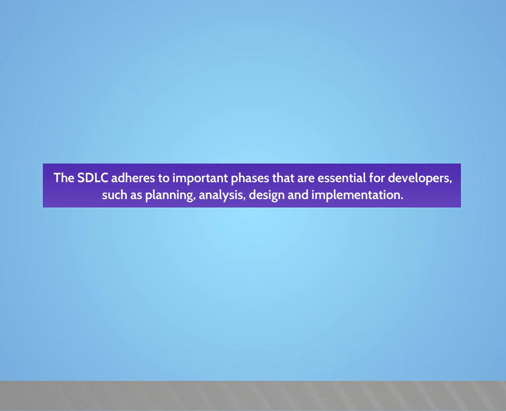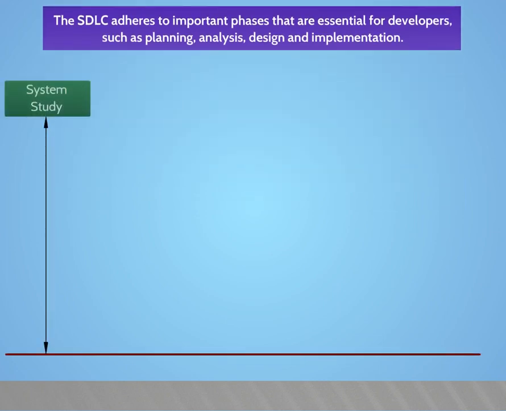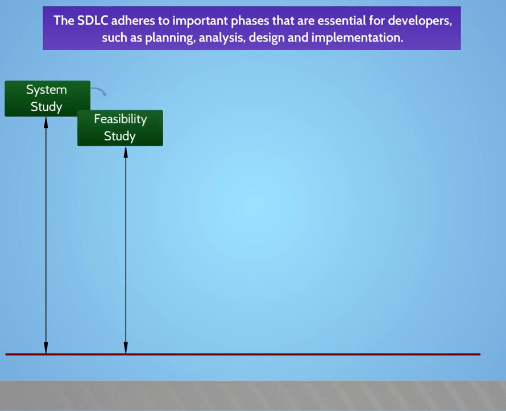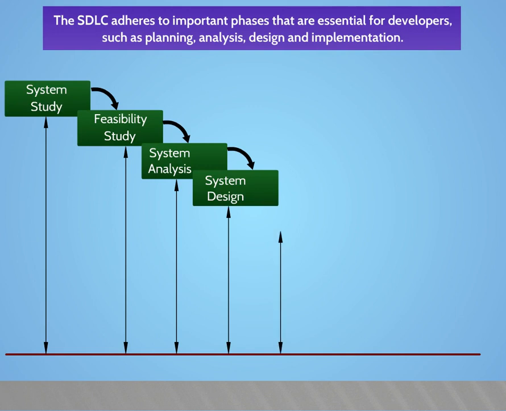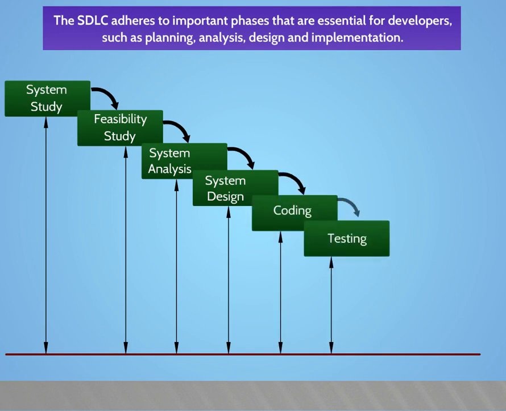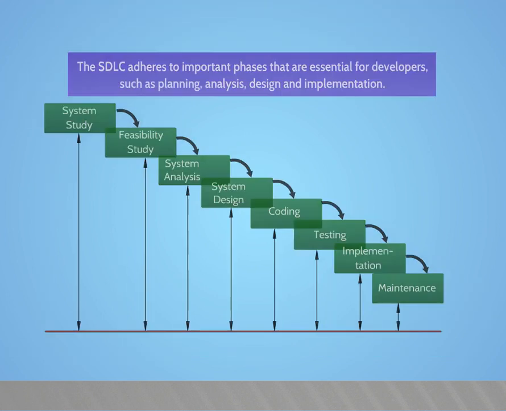The SDLC adheres to important phases that are essential for developers such as planning, analysis, design, and implementation. System Study, Feasibility Study, System Analysis, System Design, Coding, Testing, Implementation, Maintenance.